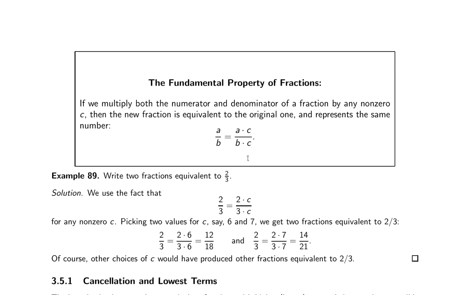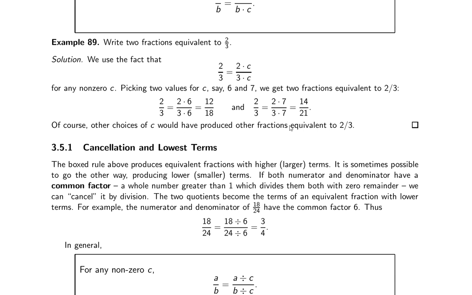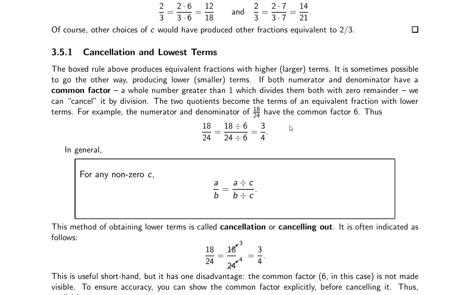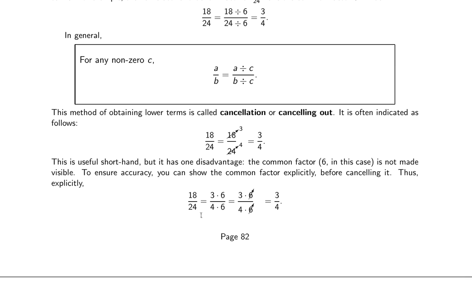Okay, here's that fundamental property again that we keep using. Okay, how about this example? Can we simplify 18 over 24? So the trick here is to see that there's a common factor of 6.